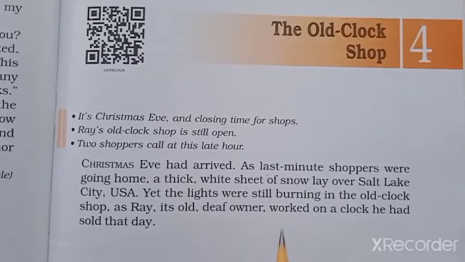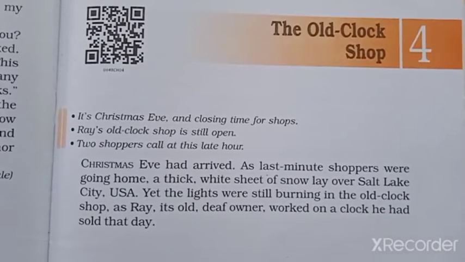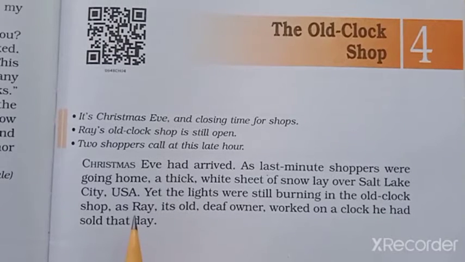Say, in this first paragraph, as you know, Ray was the owner of the old clock shop. He was deaf. That means a person who cannot hear any sound or any voice. That is deaf.